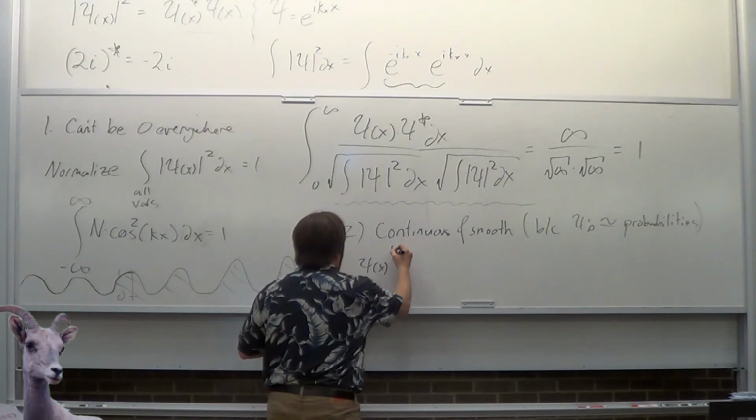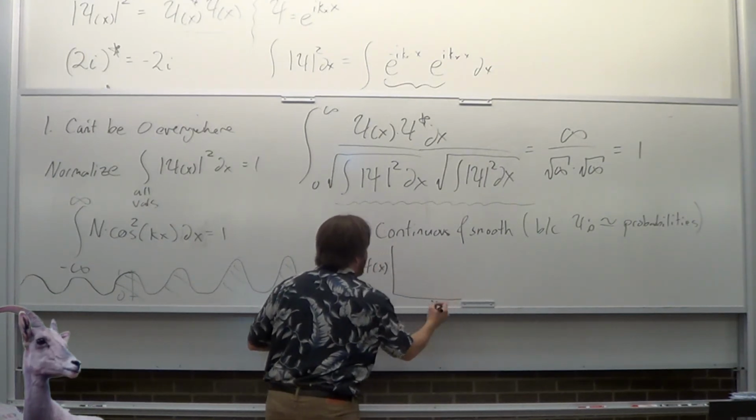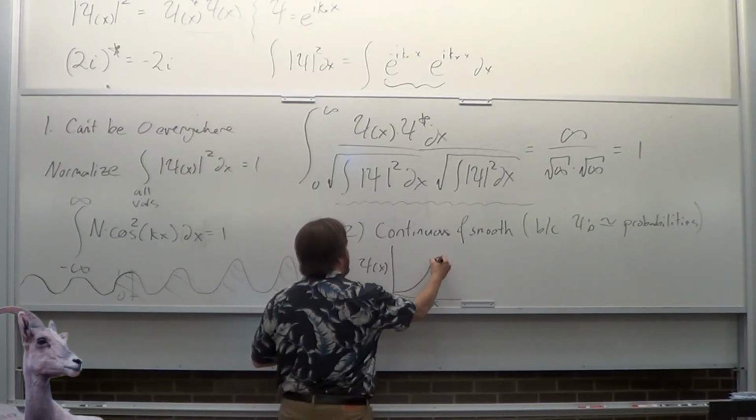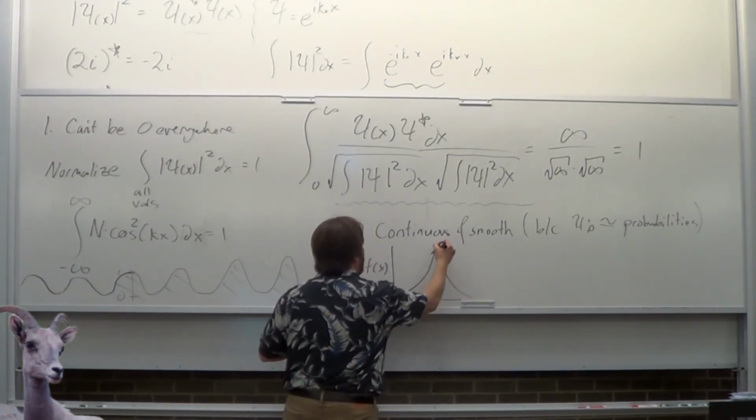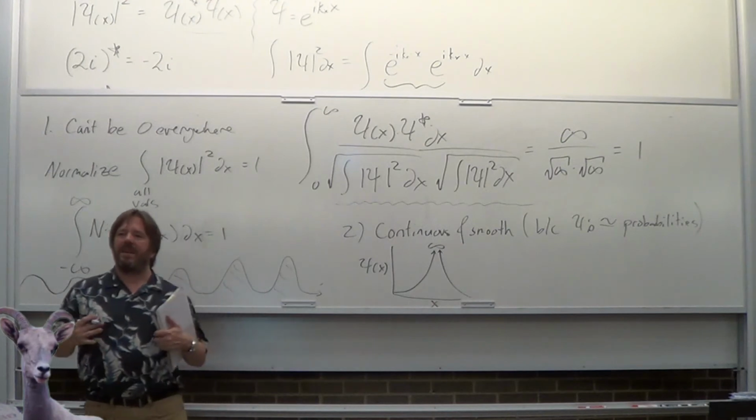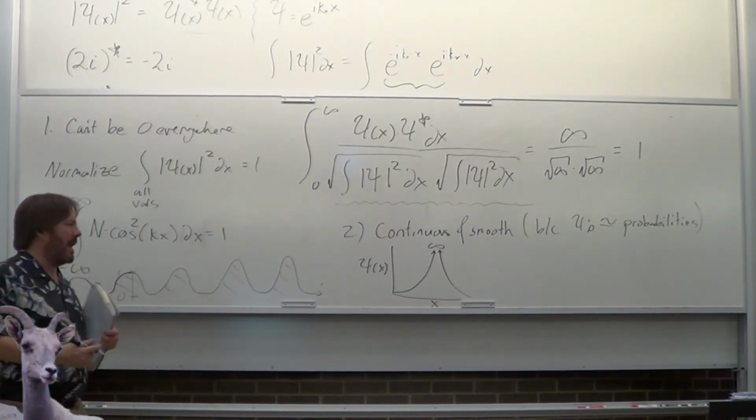Here on the y-axis is the wave function, on the x-axis is x. You cannot do this. You can't have the wave function fly off to infinity, because again, probabilities can't do that.